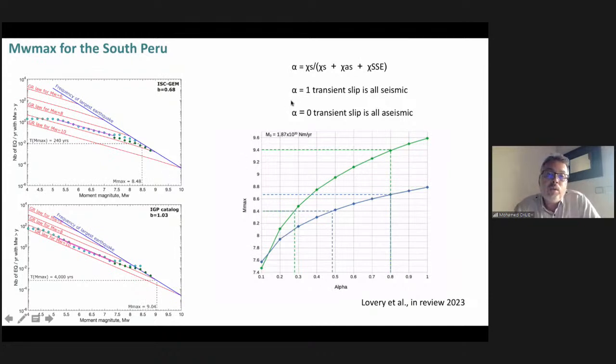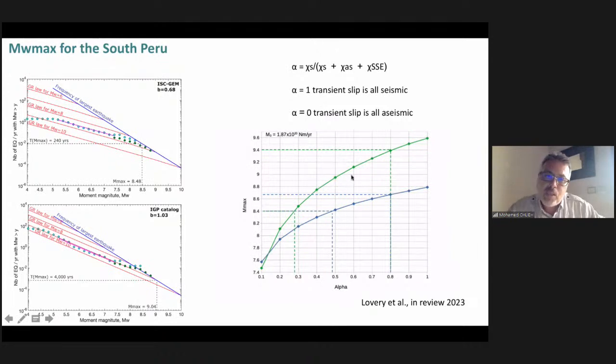If we look now especially at the parameter alpha, it gives you a ratio between seismic slip over all the transient slip. When alpha is 1, it means that the subduction will release the energy fully seismically. And when alpha equals 0, it means that the contact is creeping and there is no seismic energy to release there. So this is the true extremity here.